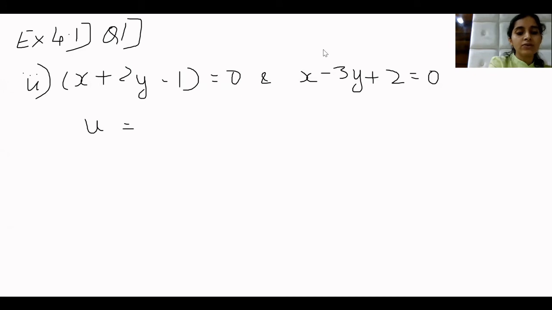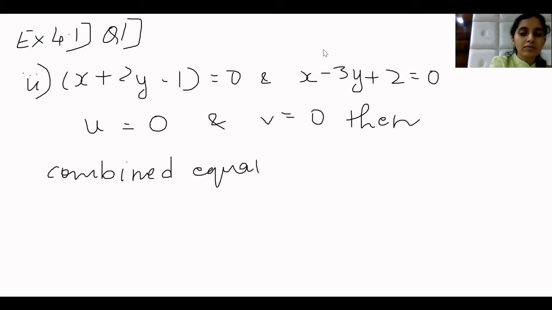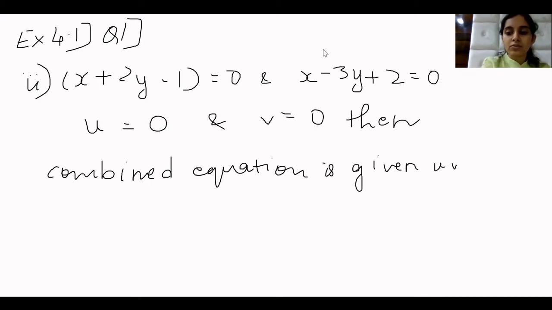We say that if the first line is u equal to 0 and the second line is v equal to 0, then the combined equation is given by uv equal to 0, right?